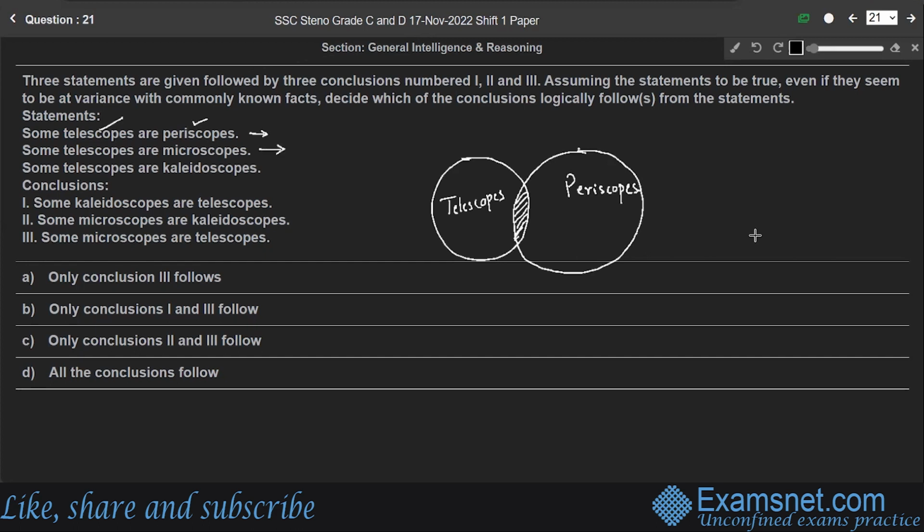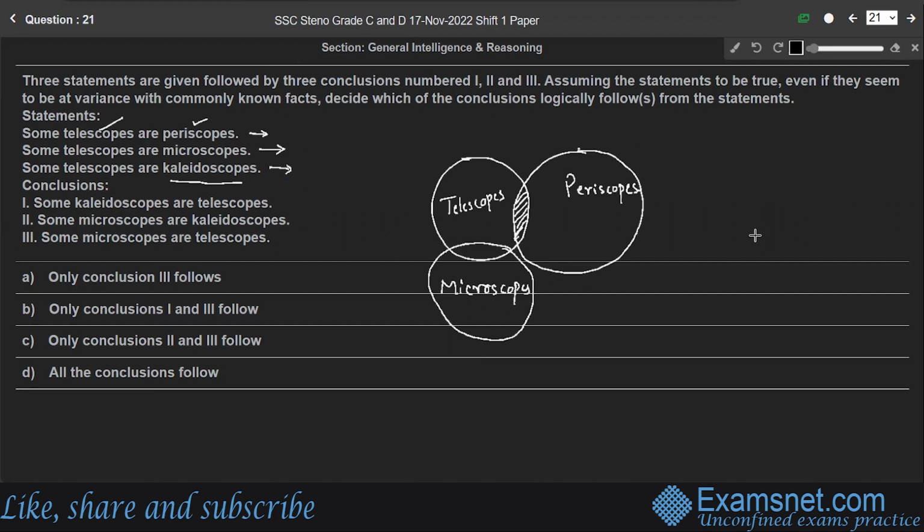So let us take the second statement. Some telescopes are microscopes. So some portion of telescopes, let me consider this portion. We'll consider set of microscopes now. So we'll consider third statement. Some telescopes are kaleidoscopes.